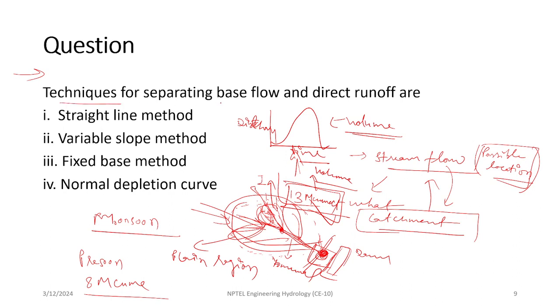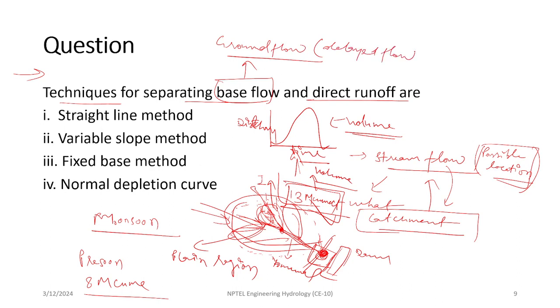So the techniques for separating the base flow and the direct runoff are. So do you have an idea of base flow? Base flow we already discussed, this is a part of groundwater flow only, right? Yes. Groundwater flow, and it is counted as a delayed flow also.